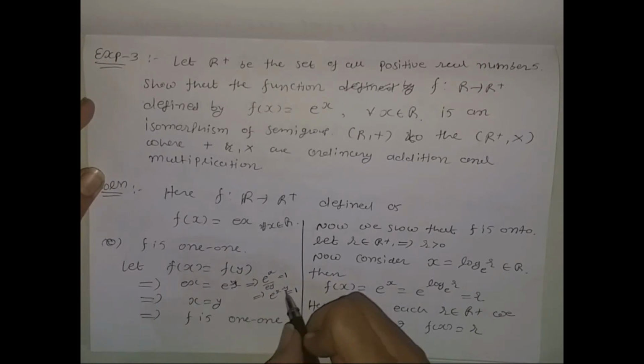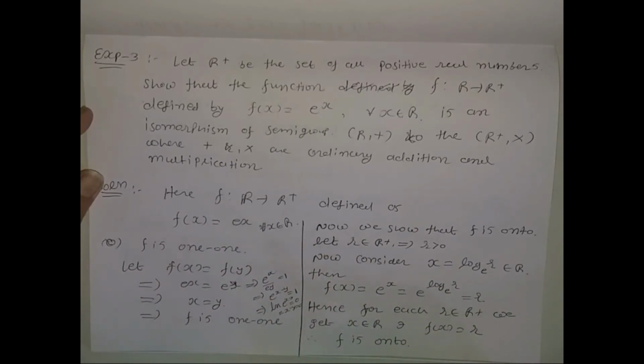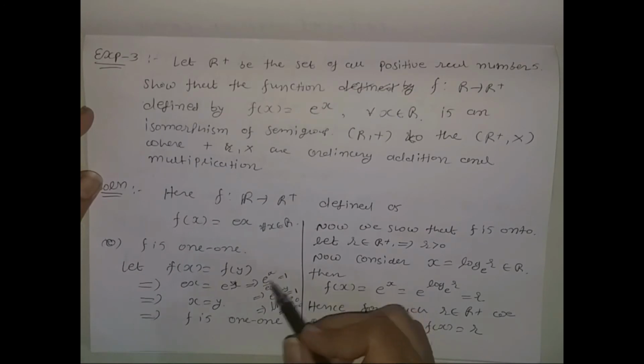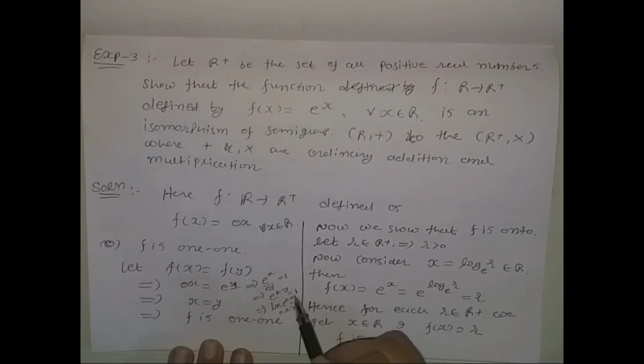Now apply the natural logarithm, we get ln e raised to x minus y is equal to ln 1. ln 1 is equal to 0, so x minus y is equal to 0, so we get x is equal to y. I have written this step directly, but this is the explanation for it. e raised to x minus y is equal to 1.